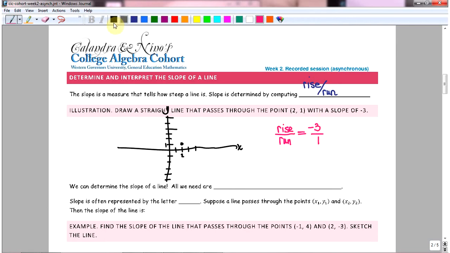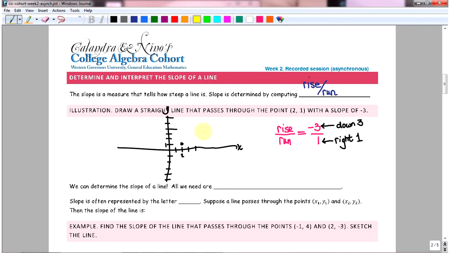So since the run is positive, and the run represents the x direction going left and right, this means that we go 1 unit to the right. Then since the rise is negative, that means we go down. So we're going to go right 1 unit and down 3 units to get another point on the line.